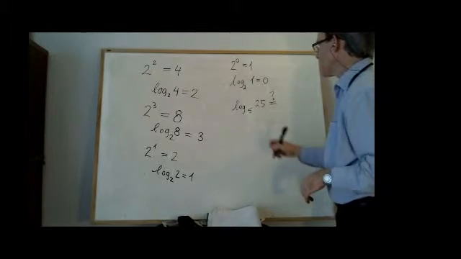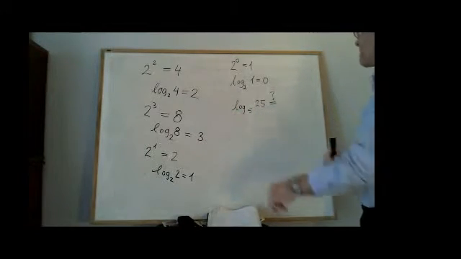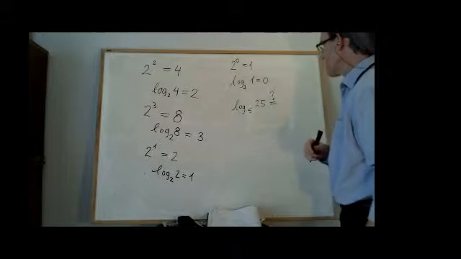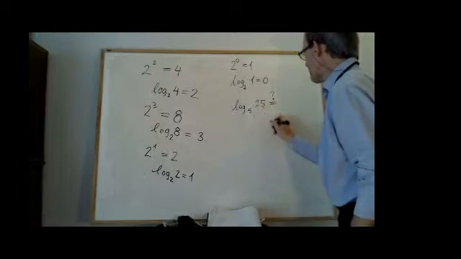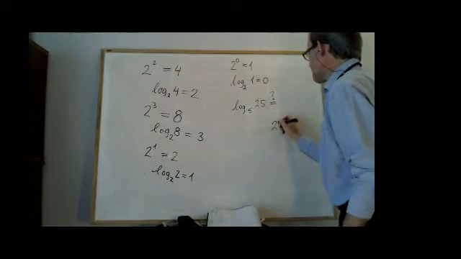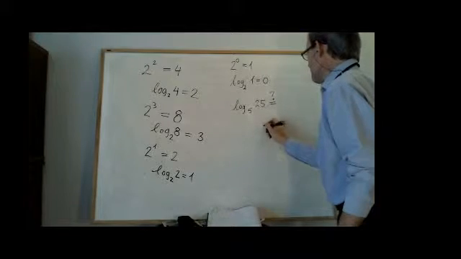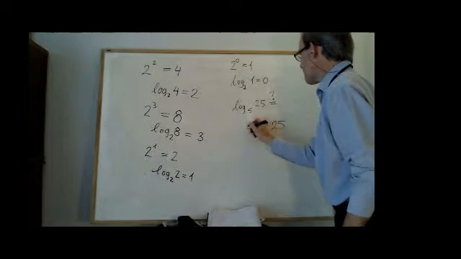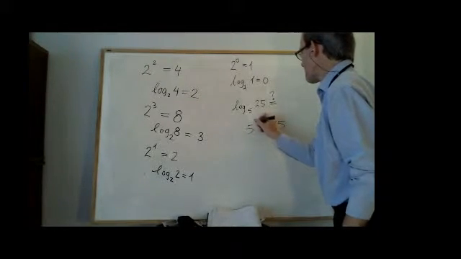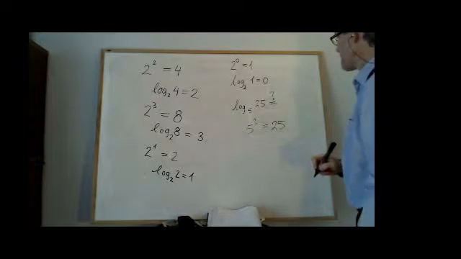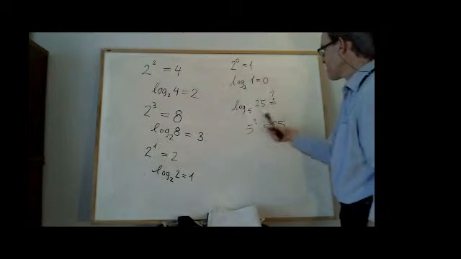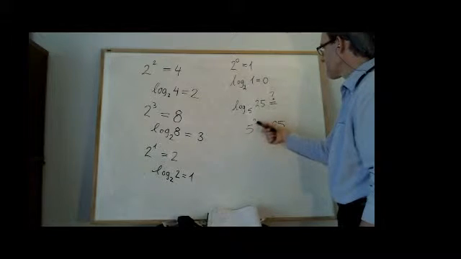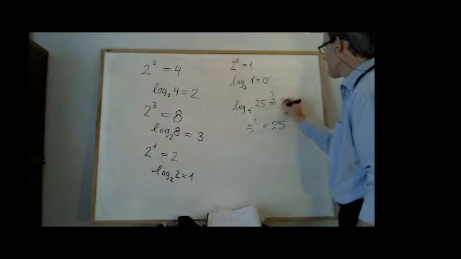So this is evaluating things now. What would I have to write down so that this would be true? Well, I write down my exponential version. It's going to be 25 is equal to 5 to the power what? What goes there? Well, I can easily see that should be squared. 5 squared, so that should be a 2 right there. So this should be 2.